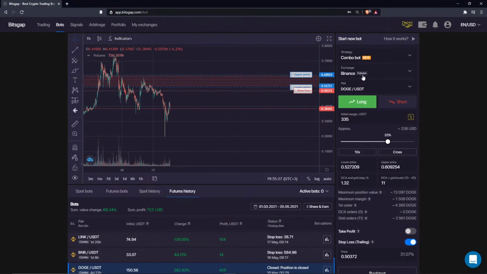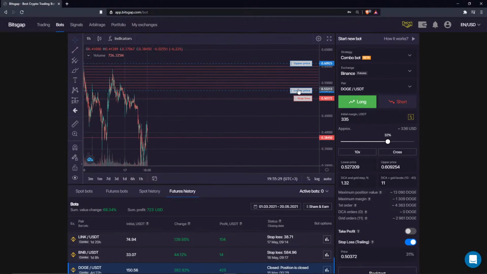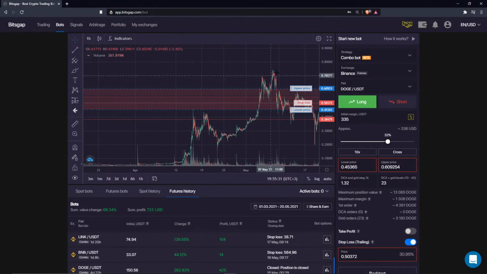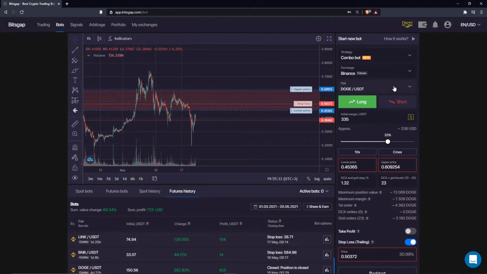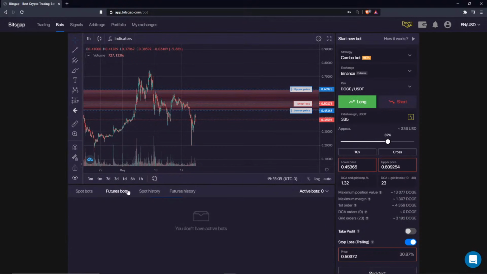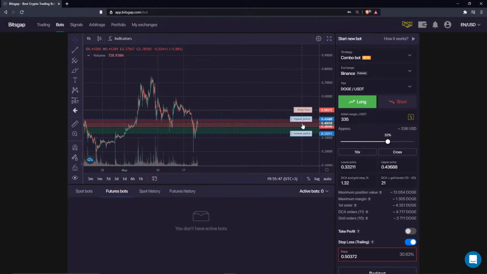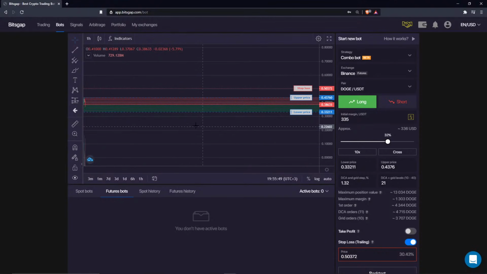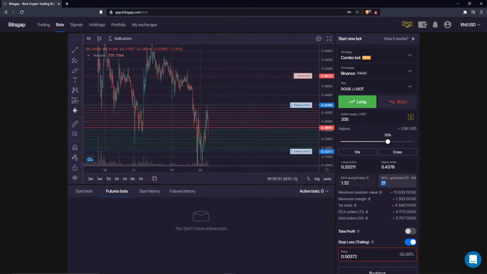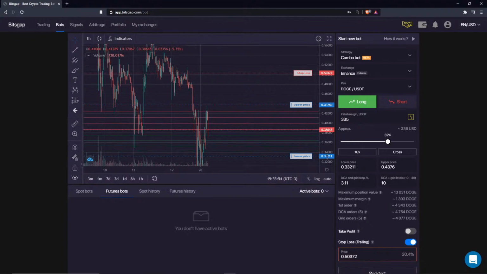So the reason for that is that the way the Combobot works is completely different compared with the spot market bots that we have, the Smart bot and the classic bot. In case of the Combobot, let me show you. Let's have 10 grid levels.